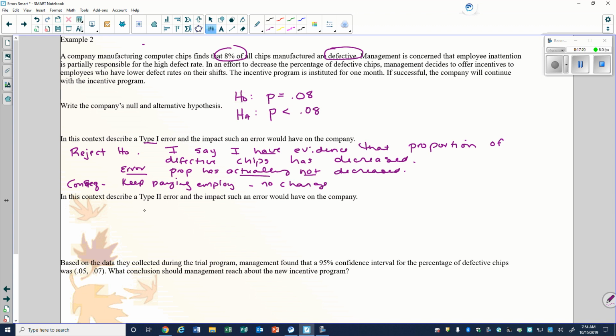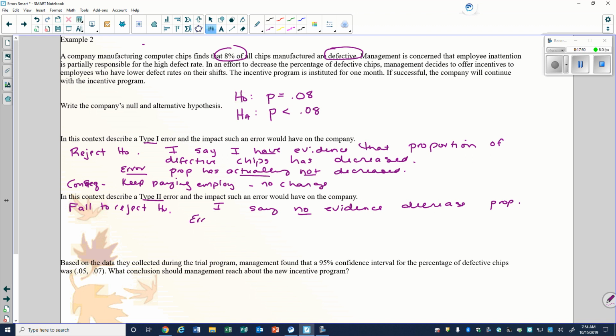Okay. Now, to make a type 2 error, whatever this test runs, I would have to fail to reject the null hypothesis in my final answer. So I would say there is no evidence of a decrease in this proportion.